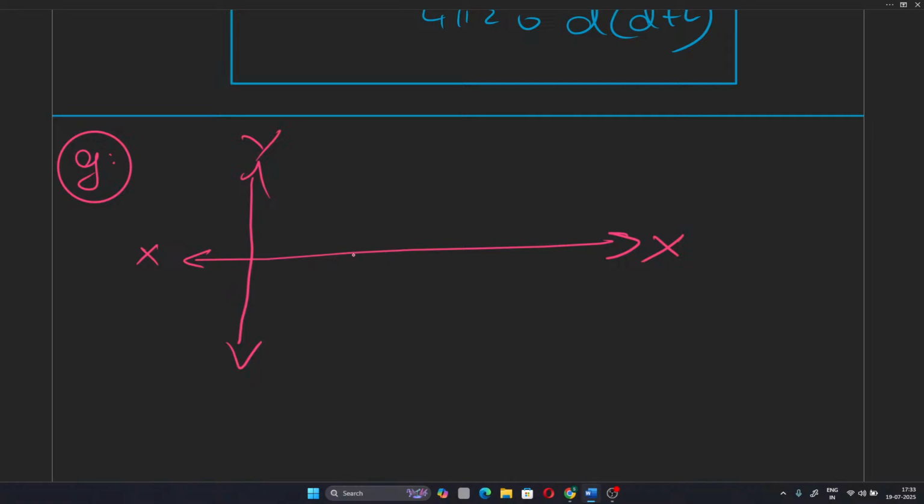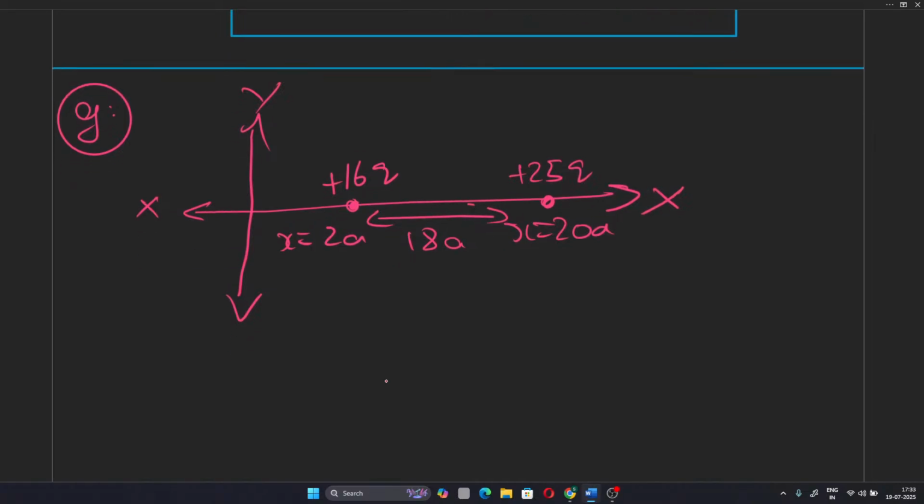On the x-axis there's a charge of plus 16q at position x equals 2a, and there is a charge of plus 25q at position x equals 20a, so the distance between them is 18a.